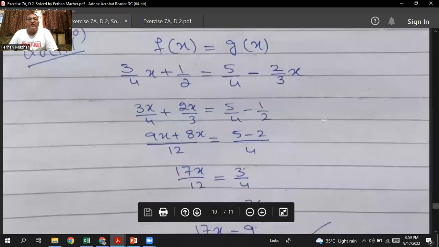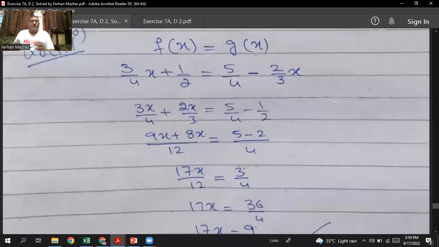Okay, so f of x is equal to g of x, so it means 3x by 4 plus 1 by 2 equals 5 by 4 minus, sorry, 2x by 3. So it will be 3x by 4 plus 2x by 3. I have brought that minus 2x by 3 to this side, and equals 5 by 4 minus 1 by 2.